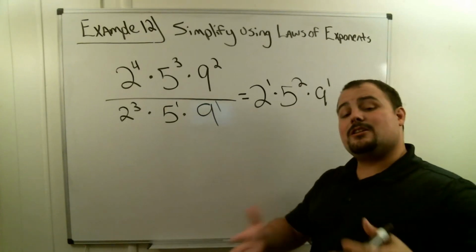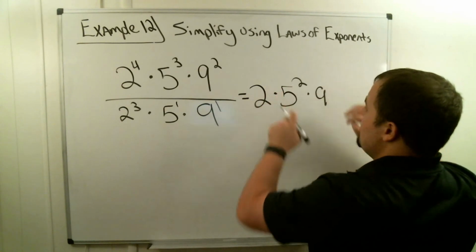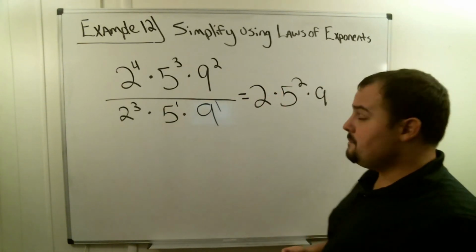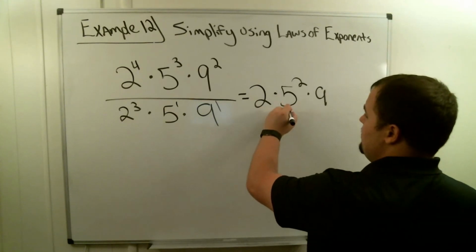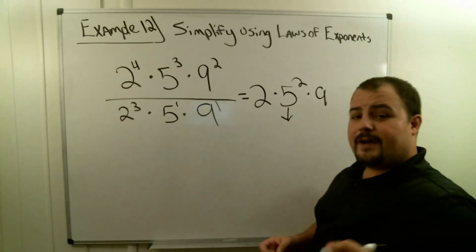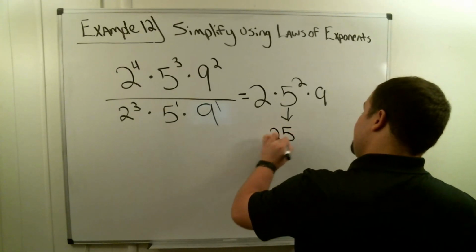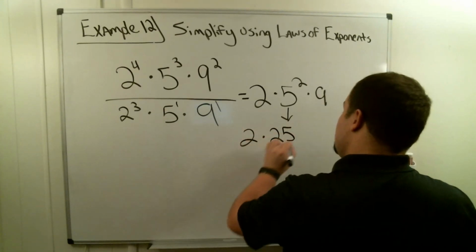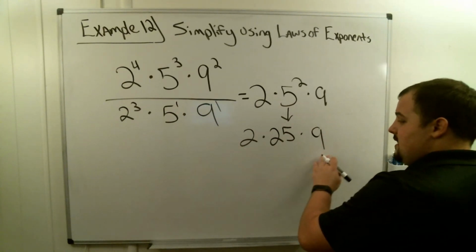And a reminder, anything to the first power is itself, so I'm going to go ahead and take these first powers off so I can actually multiply my numbers. So, 2 times 5 squared. Now I need to figure out what 5 squared is. Well, 5 squared means 5 times 5. 5 times 5, 25. So what this problem really is, this right here: 2 times 25 times 9.